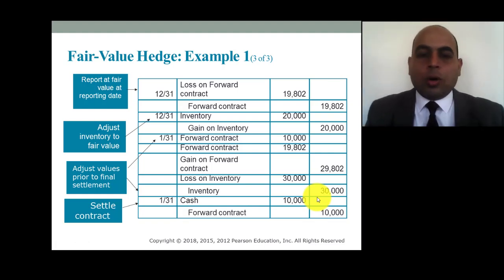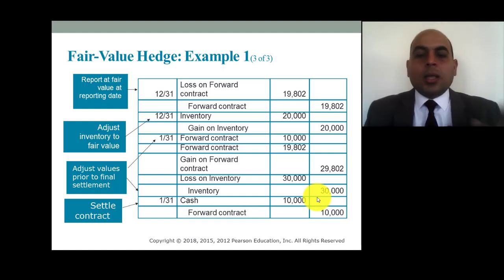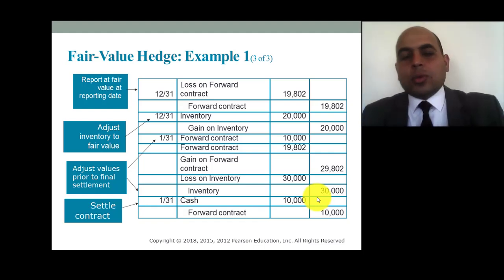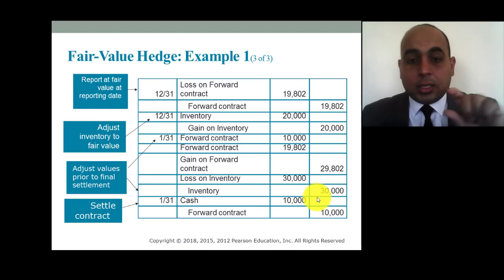Now at the end of this transaction you have to settle the forward contract. How will we settle it? We can sell the inventory and receive cash against the transaction, or we can settle the forward contract itself.